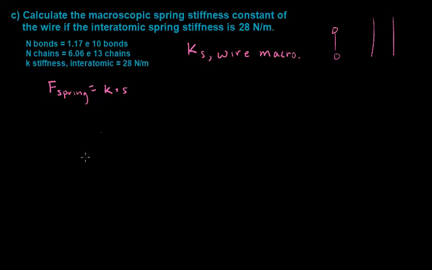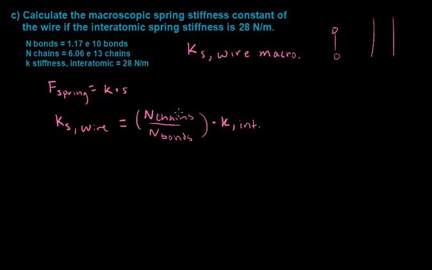And just like parts A and B, we do have an equation which we are going to use to calculate this macroscopic stiffness. And this equation is a bit long: the macroscopic stiffness of the wire is equal to the number of chains, n chains, divided by the number of bonds, times the interatomic spring stiffness.